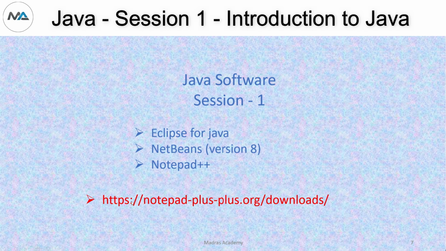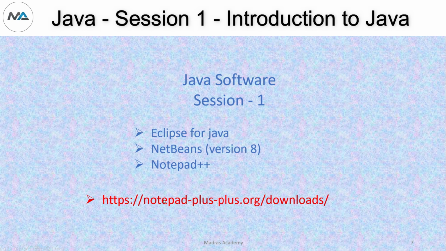In my point of view, I'm going to use Notepad Plus to create the core Java application code. After that, when we move on to the advanced technology, we will use Eclipse or NetBeans. Right now I need only Notepad Plus.